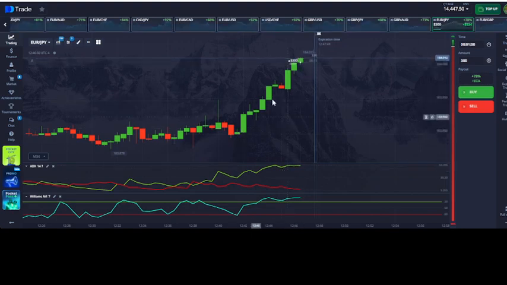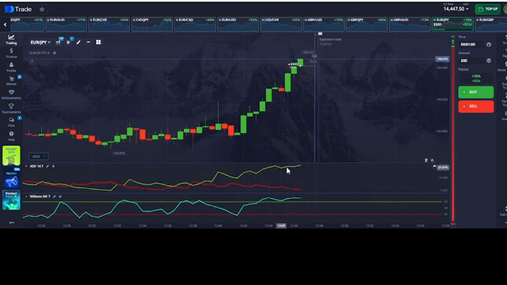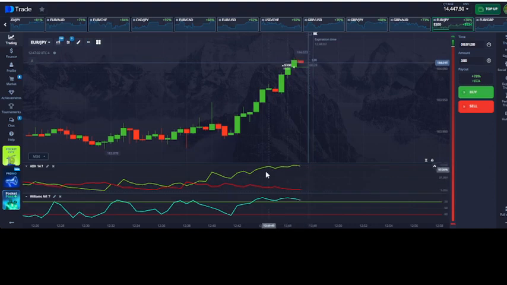And the reason why I took the buy trade, we're seeing a bullish momentum occurring here, but more importantly, we're seeing a divergence of the green plus DI line and the minus red DI line here. In other words, a growing separation of the two lines.